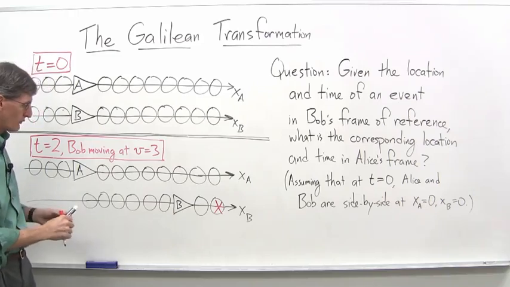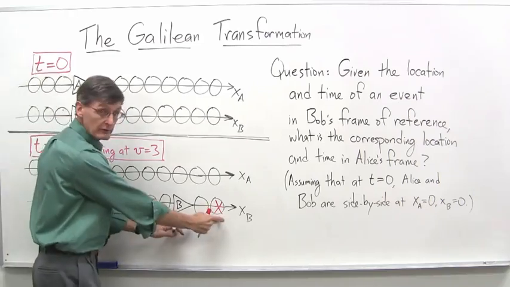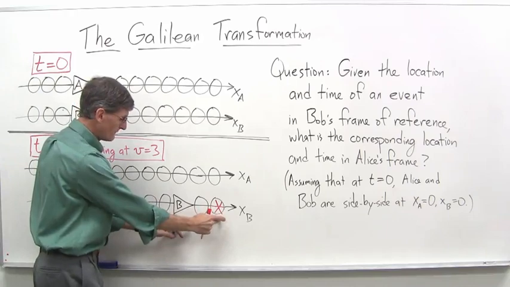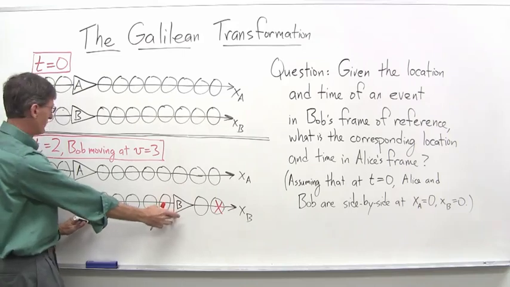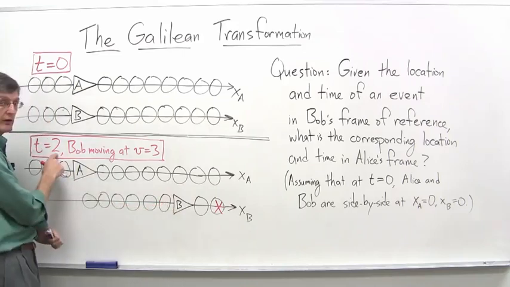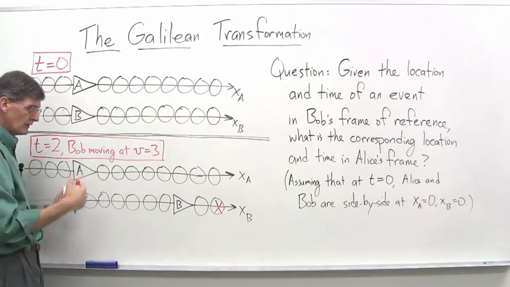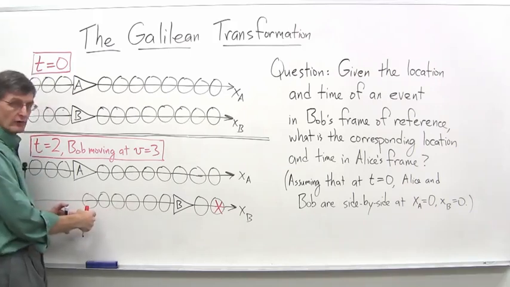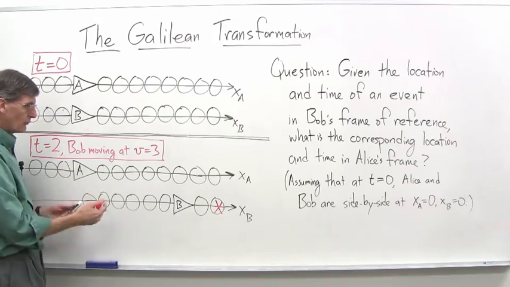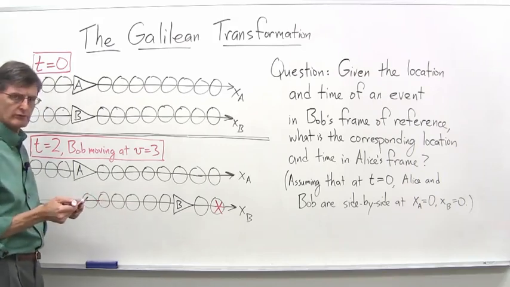So let's think about this. Well, Bob sees it at position 2, 1, 2 there. He has moved how far? He's moved 6 positions, and we know that from the velocity times the time. It's 2 seconds, 3 meters a second. He's moved 6 meters, if meters is what we're using for our units of length here. And so we can actually say there's a little equation here.